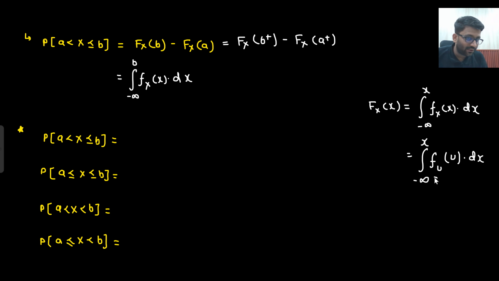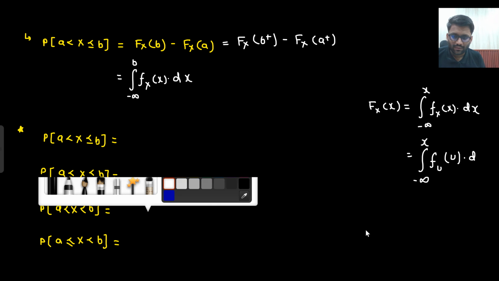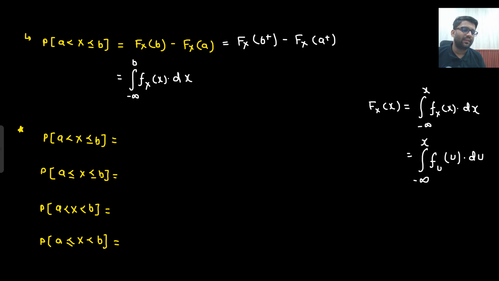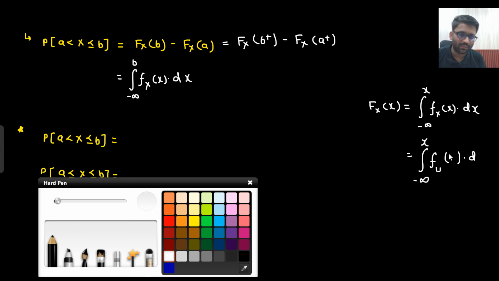No, this is just your function, and here also u, f of u du. This is the capital U, and these are the small u, so I need to differentiate between them.